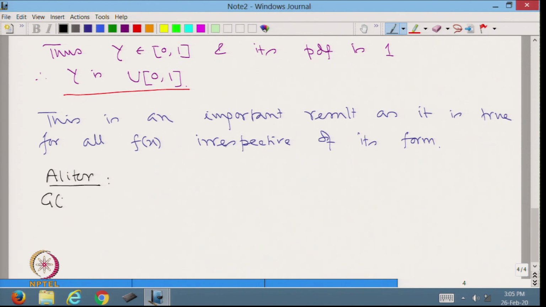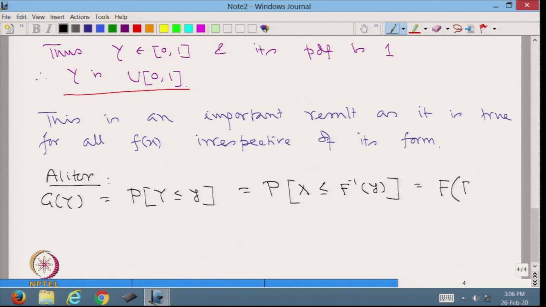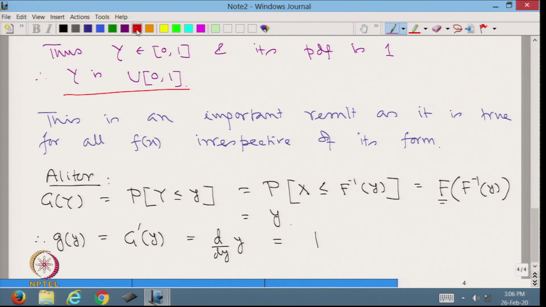G of y is equal to, say, probability y less than or equal to y, which is probability x less than or equal to F inverse y, which is equal to F of F inverse y, since F is the CDF of x, which is equal to y. Therefore, g of y is g prime y, which is d dy of y, is equal to 1. So, we get the same result.